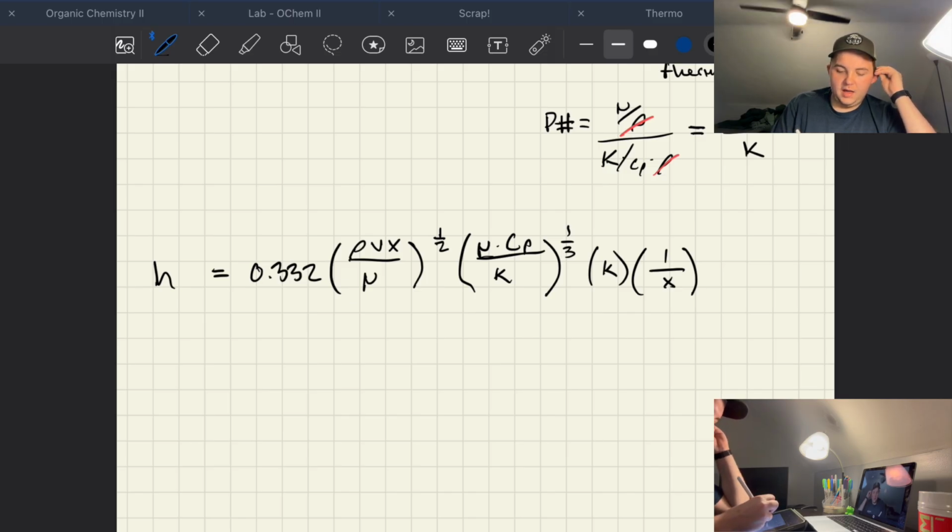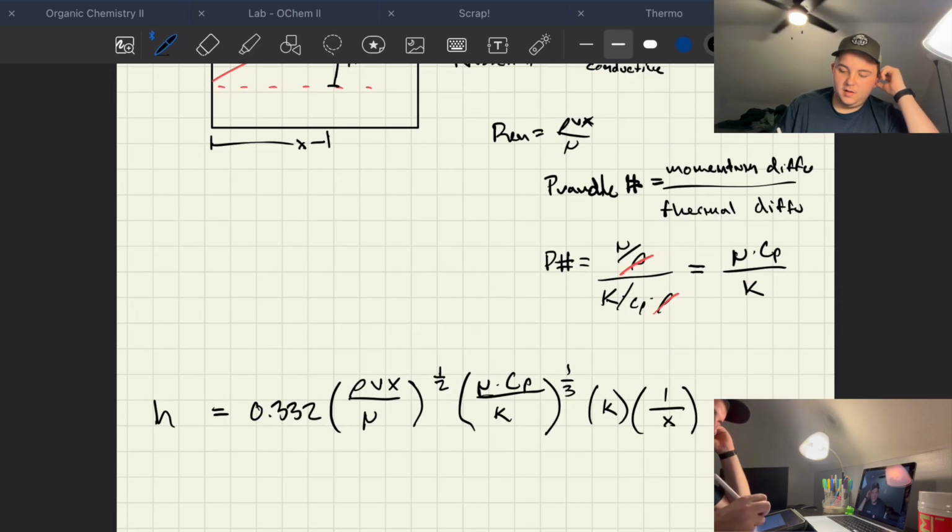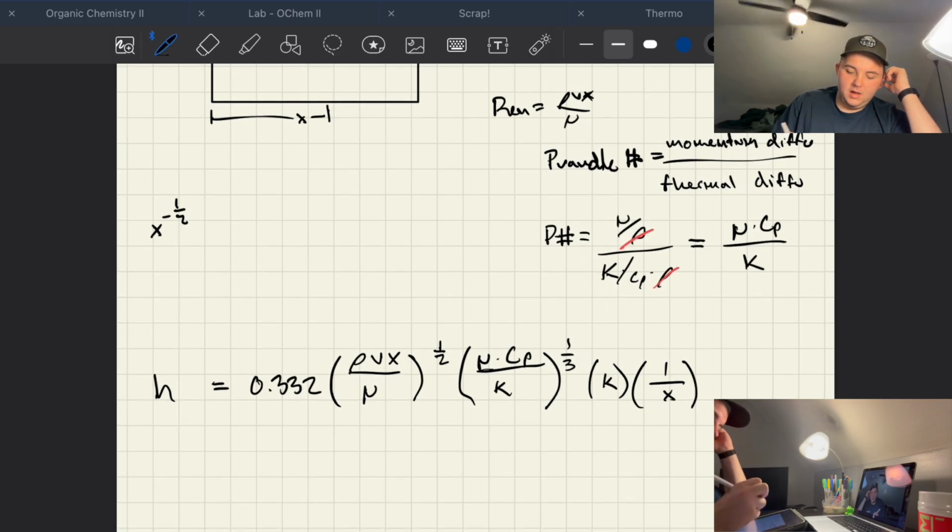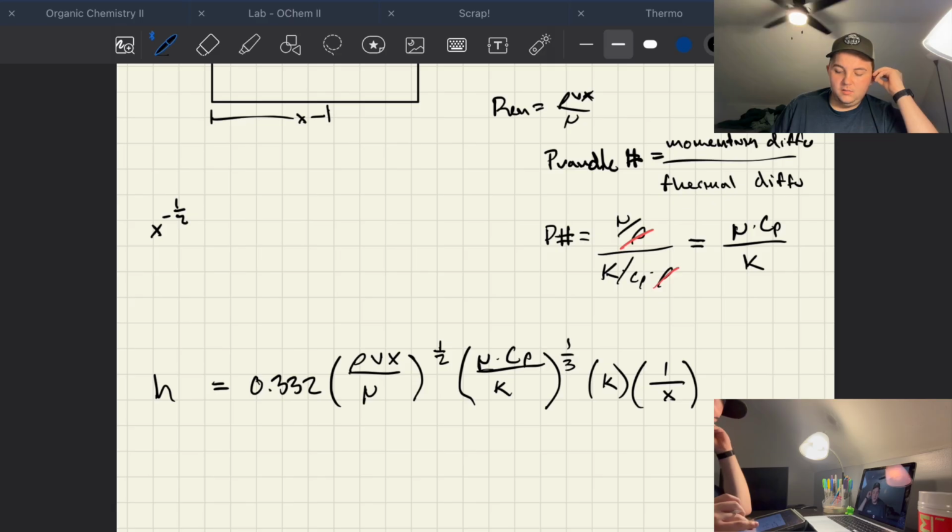So here we have x to the 1/2, and we have x to the -1. So we're going to have x to the -1/2. And we have k to the -1/3 and just k, so we're going to have k to the 2/3.